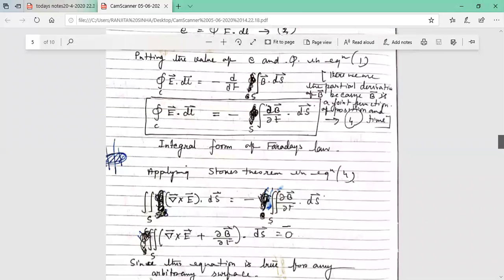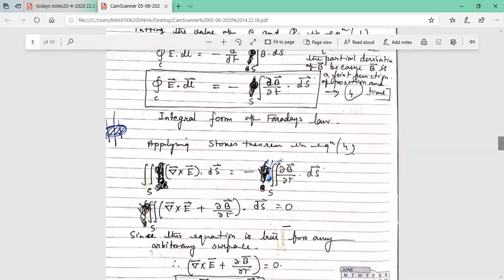Now we have to prove the differential form of Faraday's law of electromagnetic induction. So we are applying Stokes theorem to equation 4, changing the line integration to surface integration.